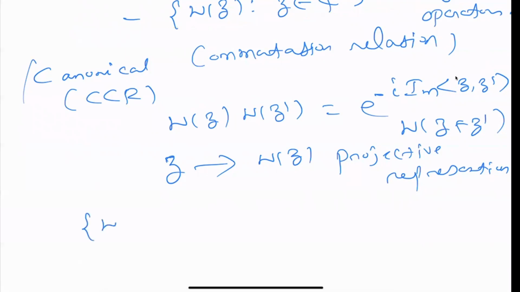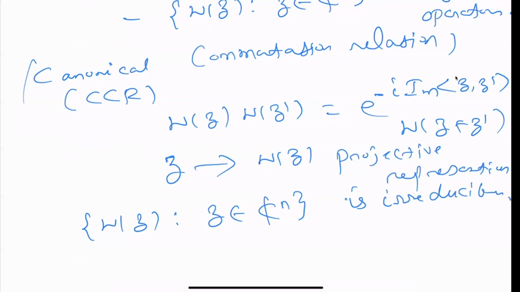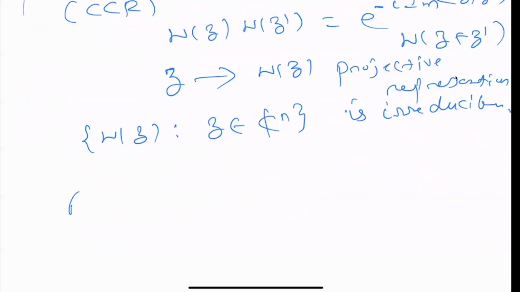Further, this is true: the collection W of Z, Z in Cn, is irreducible. I will tell you what it means. You take the algebra generated by W of Z, Z in Cn.